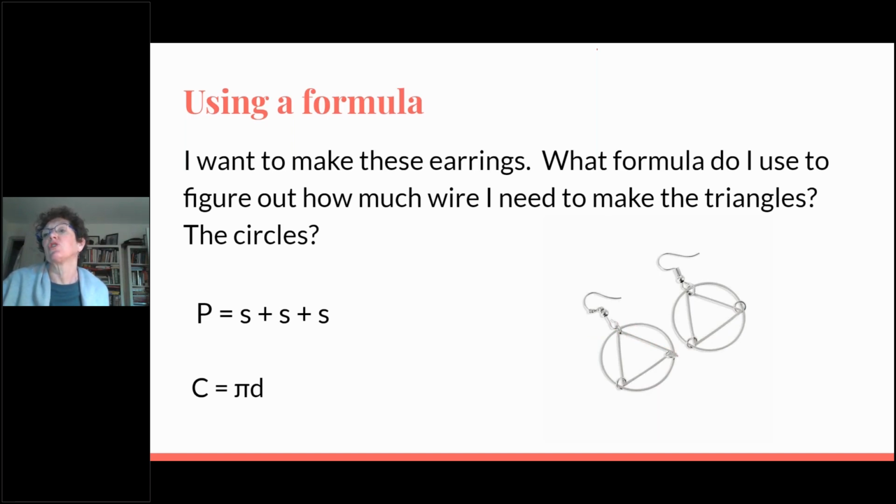So we would have to measure to find the diameter. It's longer than an inch, so let's just say it's 1.5 inches. So we'd have to say pi times 1.5, and that would be 4.7.